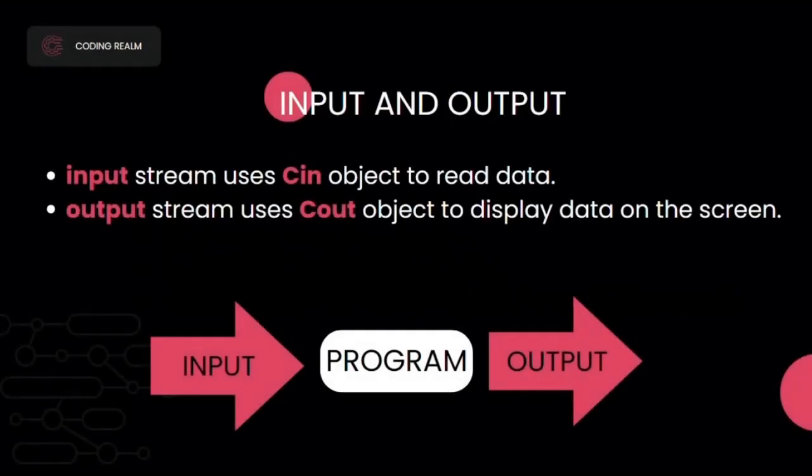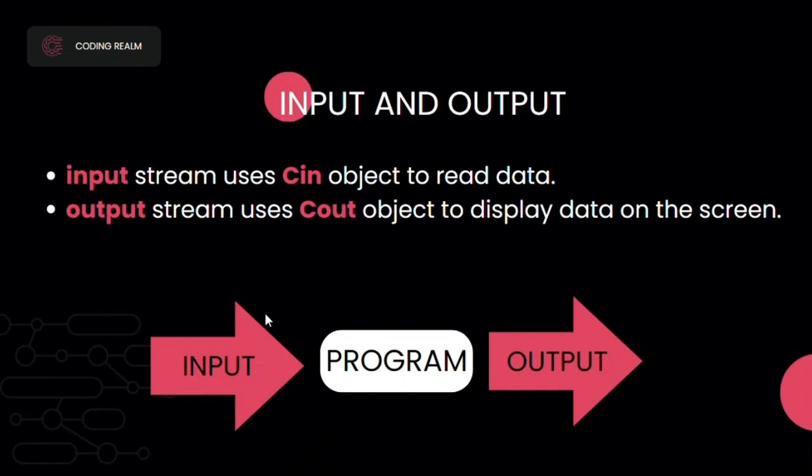Now let's see what is input and what is output. Input stream uses the cin object to read data. This data is entered by the user. Output stream uses the cout object to display data on the screen. Input uses cin, program output.